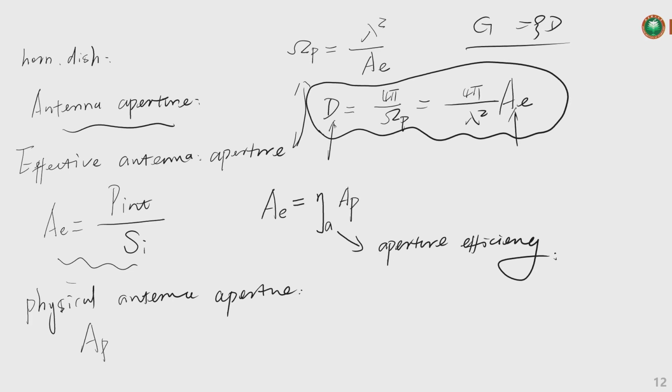But this equation would not work for all kinds of antennas, because, for example, for the loop antennas and the Hertzian antennas, you cannot define the physical aperture, right? So there is no such expression for such kinds. But for the horn and the dish antennas, we use such equations. You can just measure the physical aperture and then get the effective aperture, and then get the directivity.